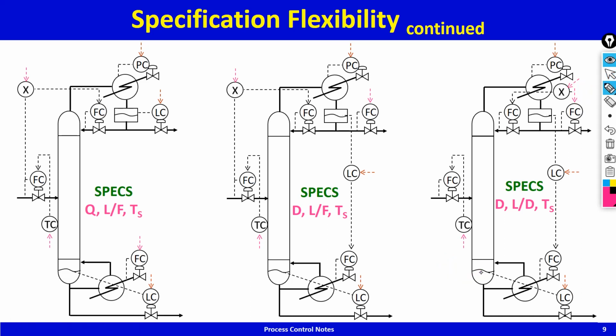There is one point that I want you to note, that in this control structure production rate changes happen by adjustment to Q. In the second control structure, production rate changes happen by adjustment of distillate rate. In the third control structure, production rate changes happen by adjustment of distillate rate set point again.